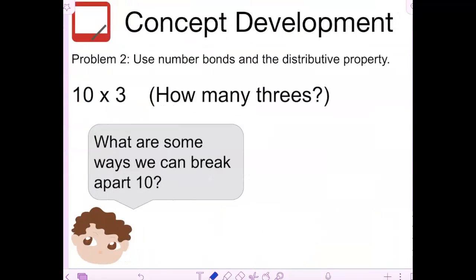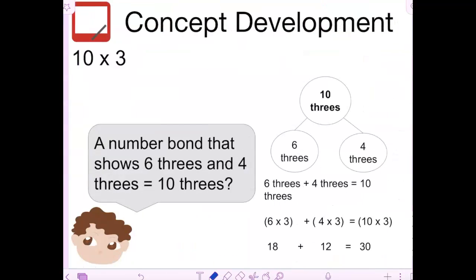So here's another problem, 10 times 3. Well, how many threes do we have here? We have 10 of them. So let's break it apart. If we take 10 threes, here's our 10 threes, we can break it apart into 6 threes and 4 threes because 6 plus 4 equals our 10.